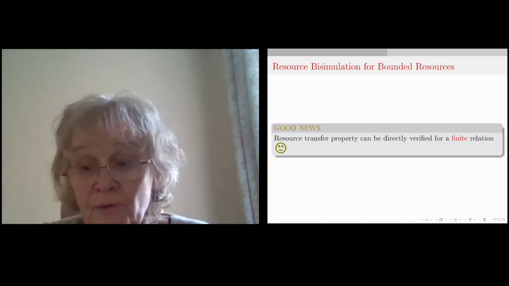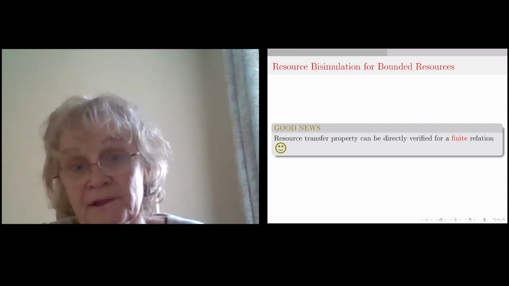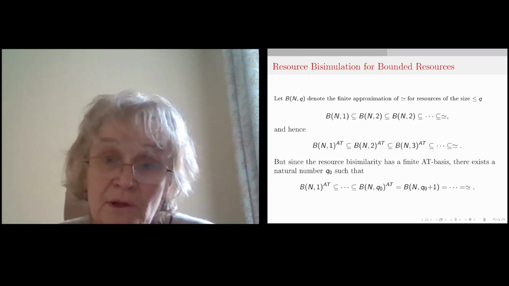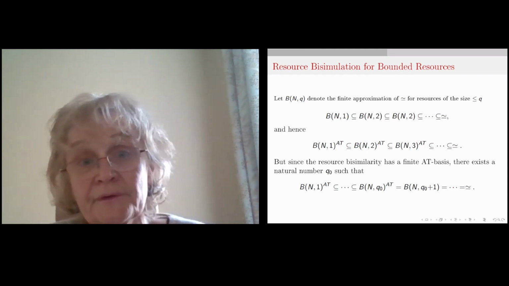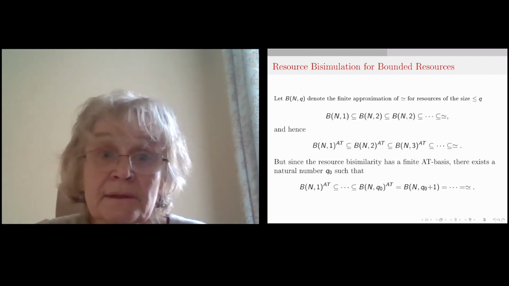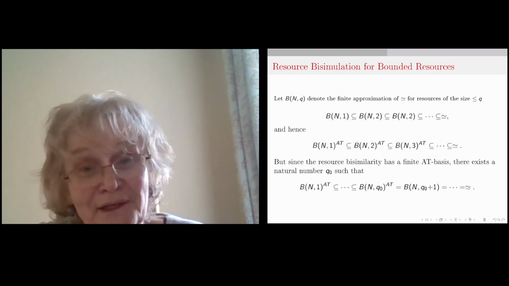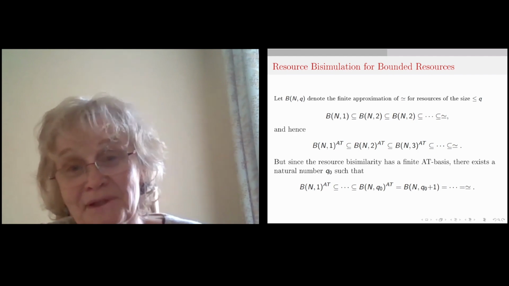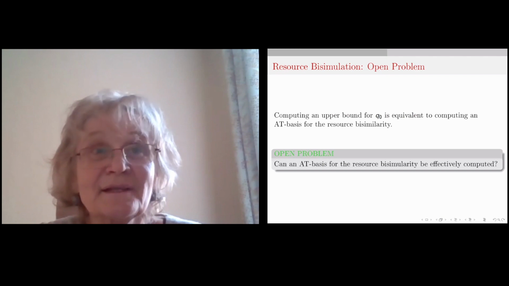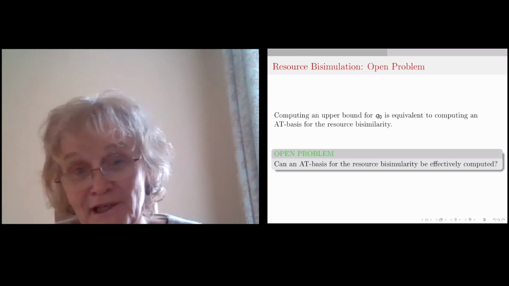Of course, we can also check this resource transfer property for finite relations, and that means that we can construct approximations also for this relation. But we don't know where to stop, because if we knew, we could compute this additive transitive basis. Still, it is an open problem whether the basis can be effectively computed.